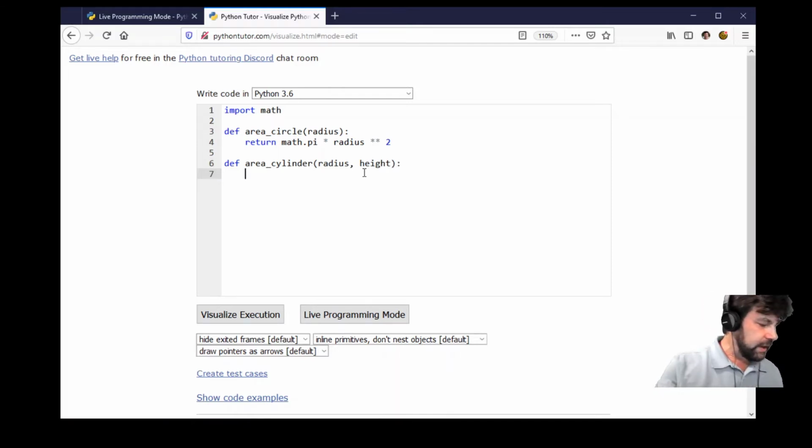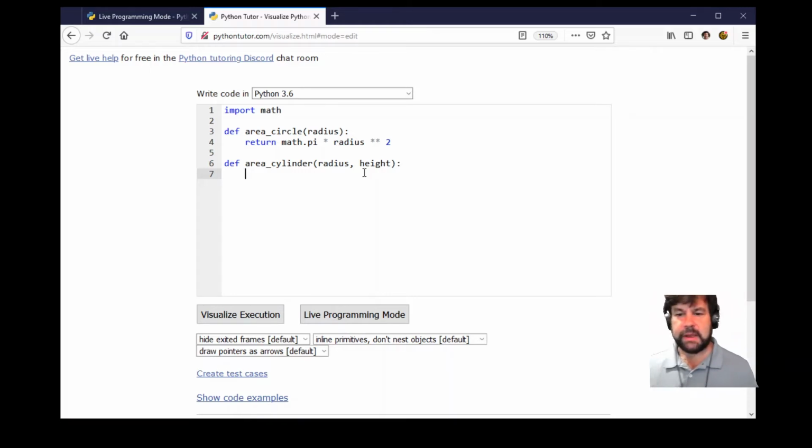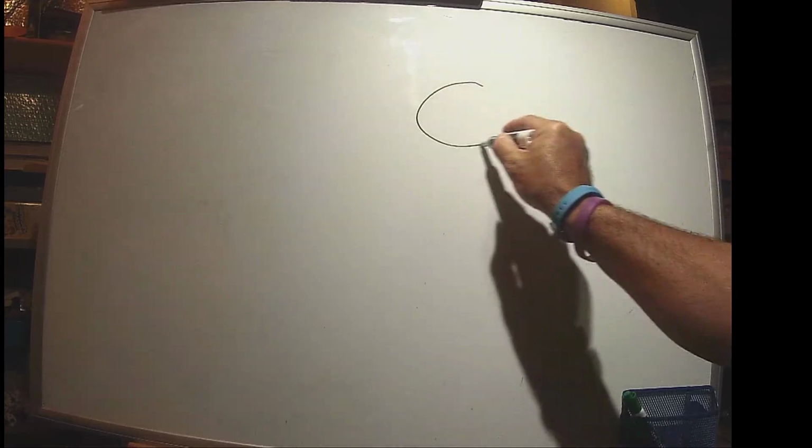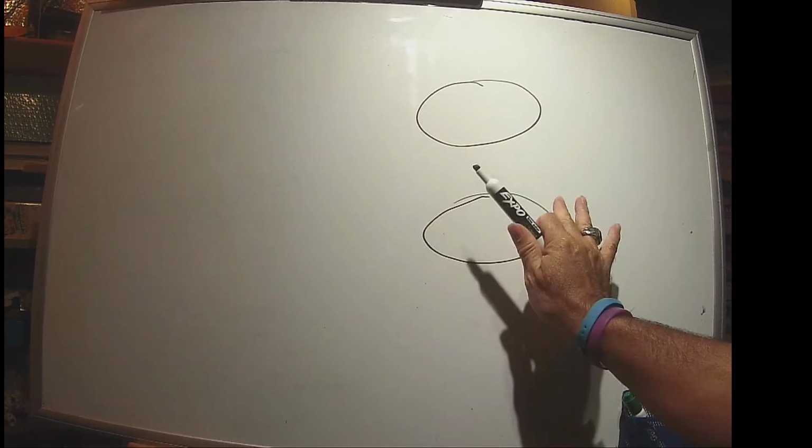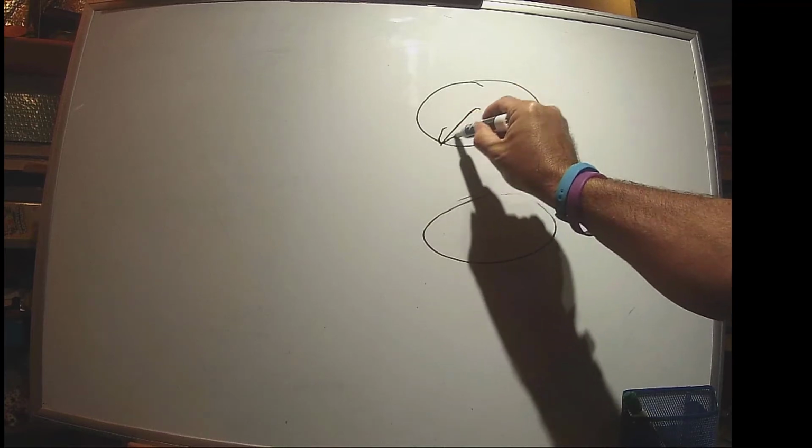And we'll indent again. Now we want the surface area of the cylinder. And we wrote this before in one of our earlier examples without using functions. But if we remember, the surface area of the cylinder is, you take the top and bottom caps, and those are circles with radius r.